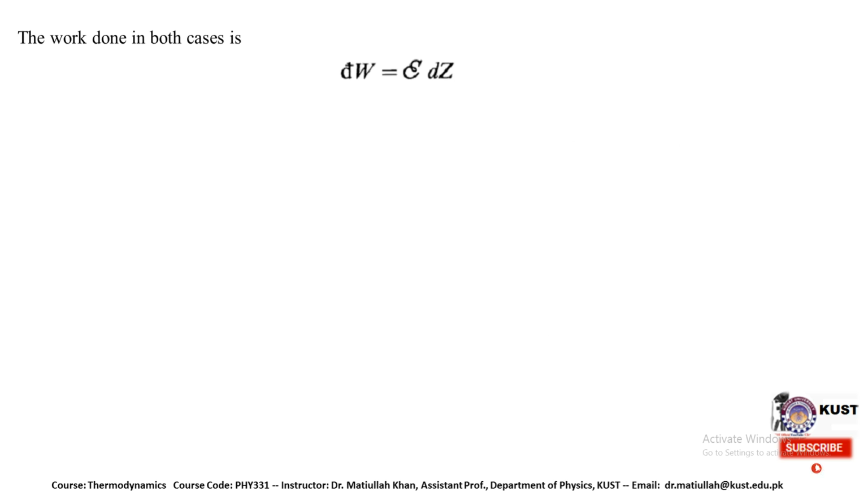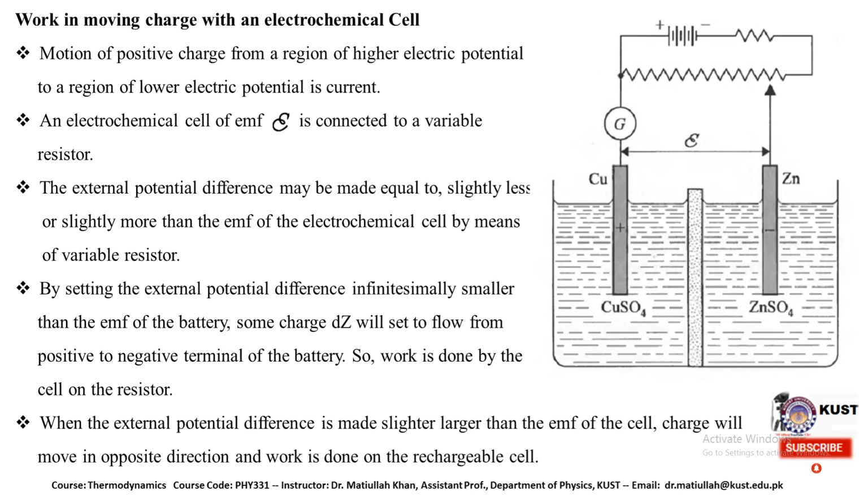The amount of work done in both cases, whether positive or negative, is equal to dW = ε dq.